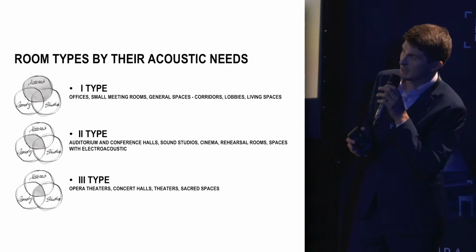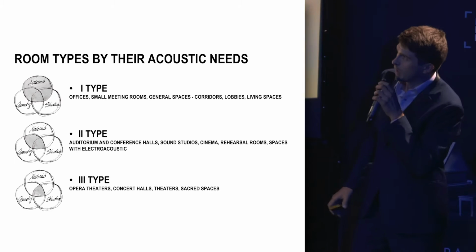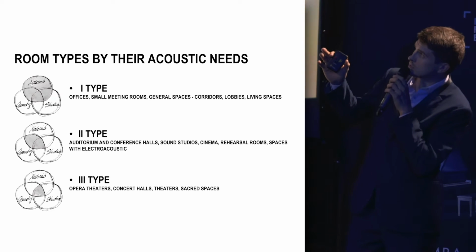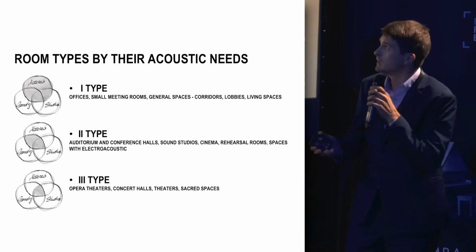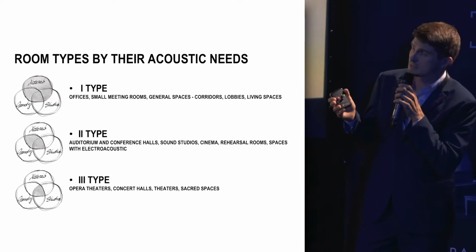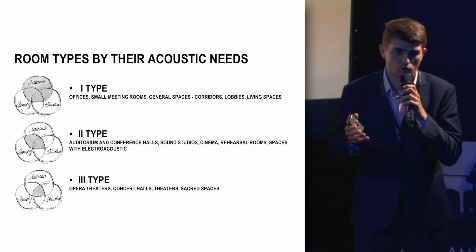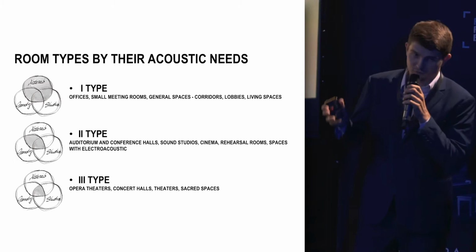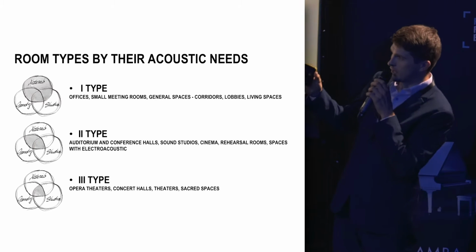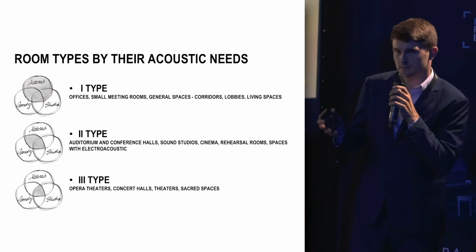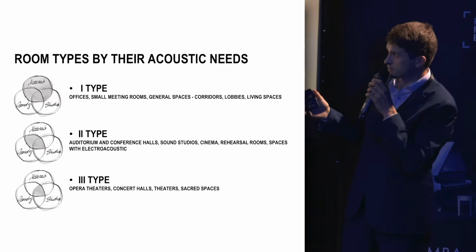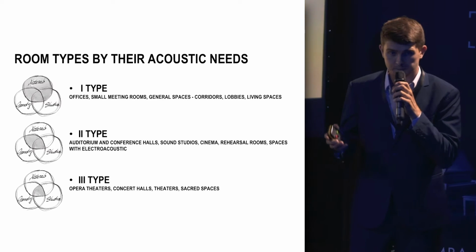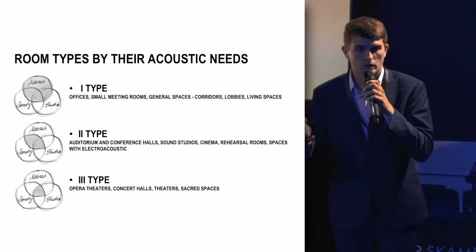Second one, a little bit more tricky: auditoriums, conference halls, sound studios, cinemas, rehearsal rooms, spaces with electroacoustics for rock and pop venues. And the tough one, the third type: opera theaters, concert halls, theaters, sacred spaces, rehearsal halls.